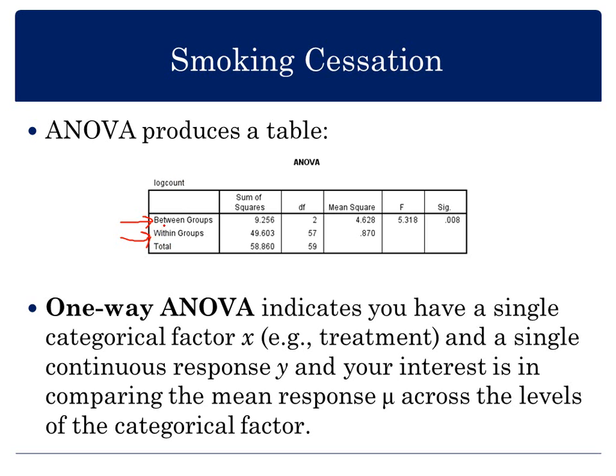So one of those sources is what we call between groups or treatment. So we think that the treatment should cause this subject's response to fluctuate in some way. In a one-way ANOVA, that's the only source of variation that we really care about. Everything else that could cause that subject's score to change or vary is lumped into something that we call within groups, or error. We just call it error statistically.